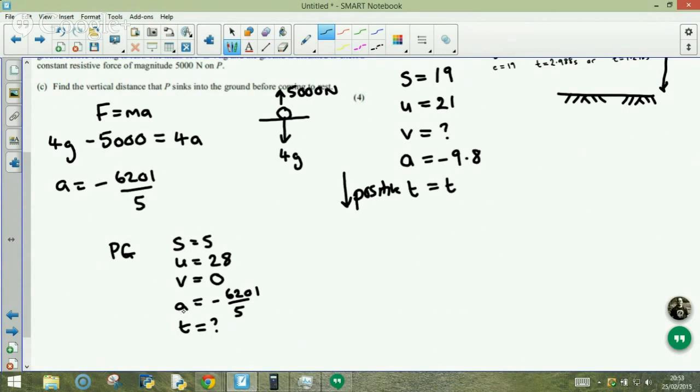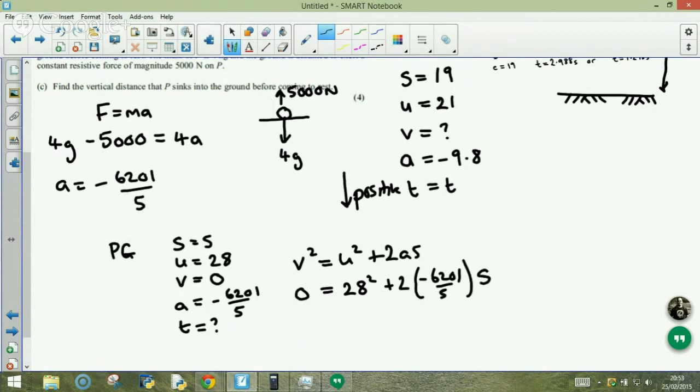So SUVAT, which means we're going to be using v squared equals u squared plus 2as. v is 0, u is 28, and we've got 2 times minus 6201 over 5 times s. Right, so if I take away my 28 squared from both sides and then divide by 2 times all of that, I can work out what my s will be.